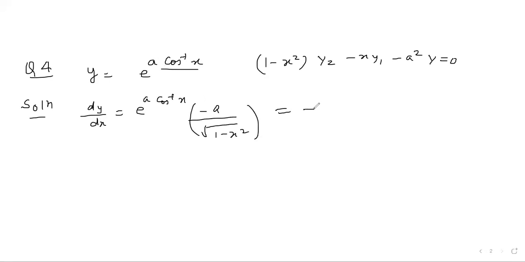That is minus e to the power a cos inverse x divided by root of 1 minus x square. Now, let's differentiate it further. So we can apply the quotient rule and let's write this dy by dx as y1.